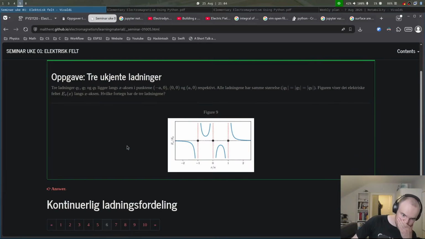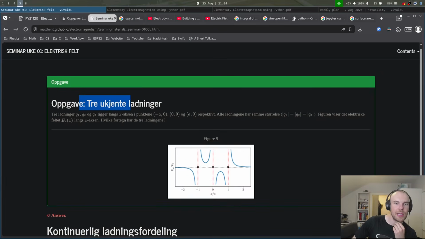6. Now, 3 unknown charges. 3 charges here. These 3 are at -a, 0, a respectively. All the charges Q1, Q2, Q3 show the electric field alongside the x-axis. Which sign do they have? If you're moving along the x-axis, and the blue here is the electric field, you can view it as the velocity.